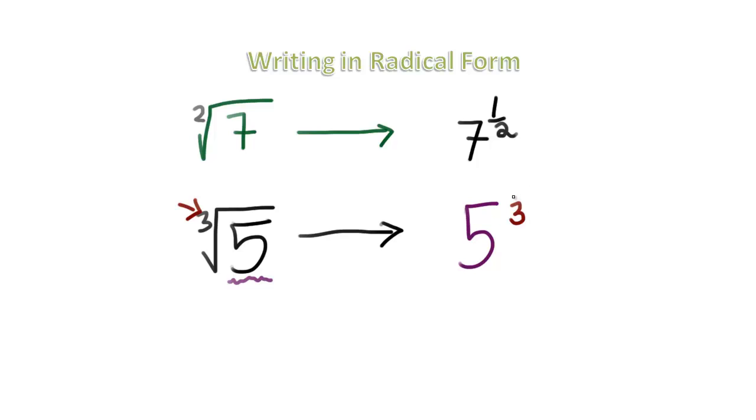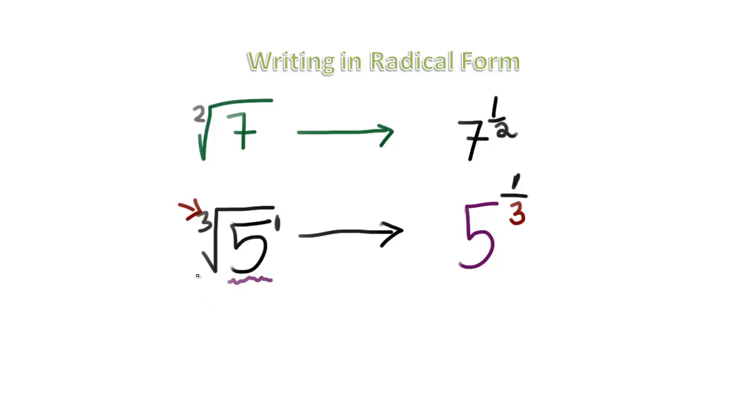In this case it's 5 to the first, so we'll put a 1 up here. So this is the cube root of 5, which is the same thing as 5 to the 1/3.